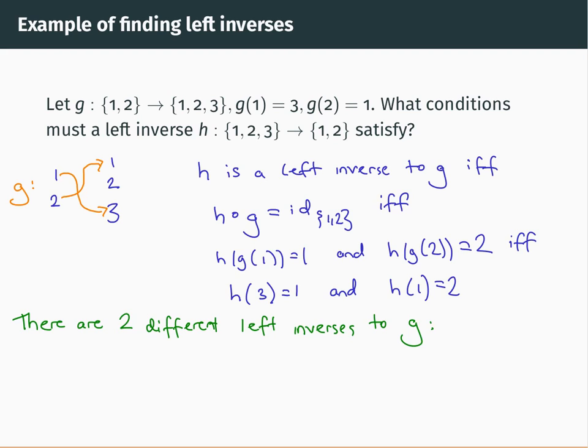Again, let's draw them. So what has to happen? Those left inverses are functions whose domain is 1, 2, 3 and whose codomain is 1, 2. And we were forced both times into sending 3 to 1, and we were forced into sending 1 to 2.